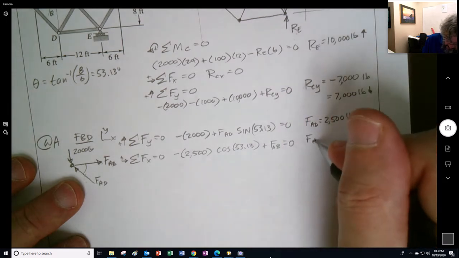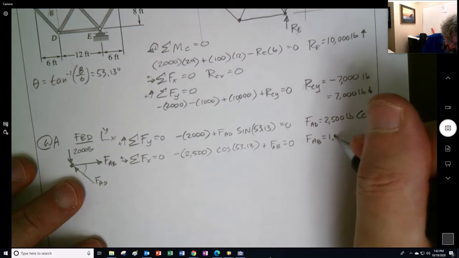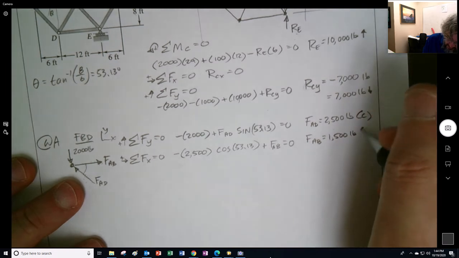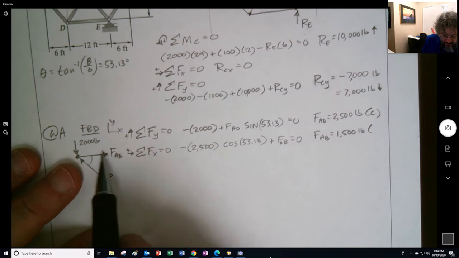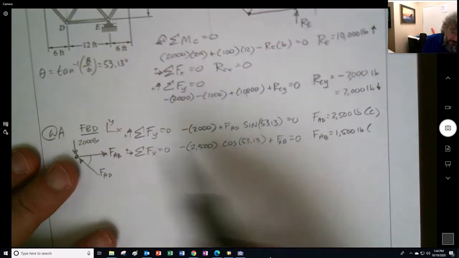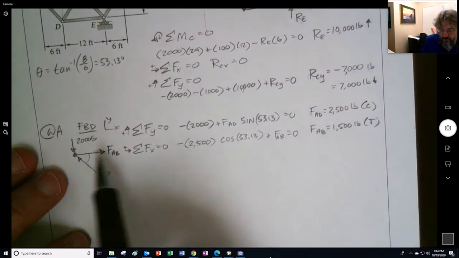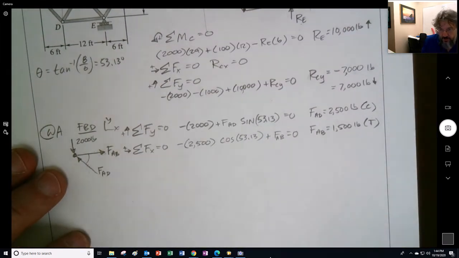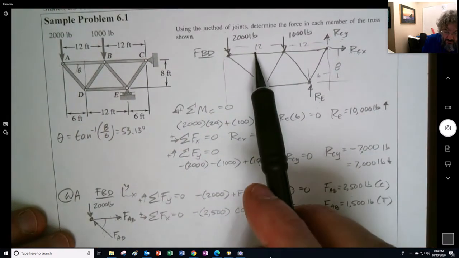So FAB is now going to be 1,500 pounds. And now I've got to ask, is it tension or compression? Well, the force of the member is pulling on the pin. Therefore, the pin is pulling on the member. It's got to be in tension. Now, you could try to memorize which way these arrows go, or you could think it through this way.